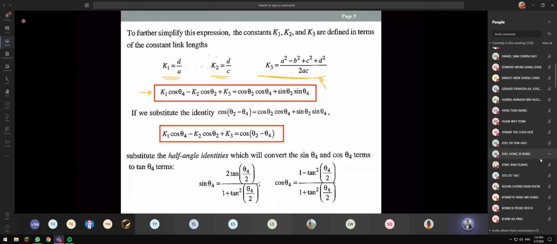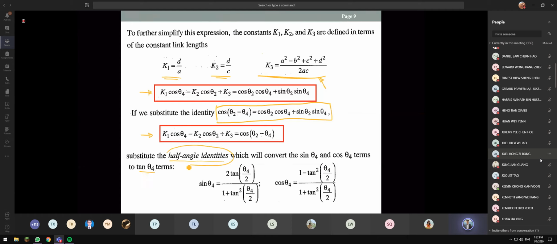Again, we substitute the identity. This is again from the trigonometry functions. Then we can further reduce the terms in the equations. Substitute the half angle identity, which will convert the sine theta 4 and cos theta 4 terms into tangent of theta 4 over 2.